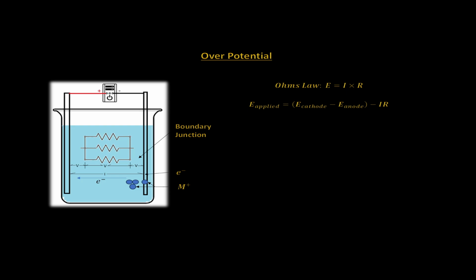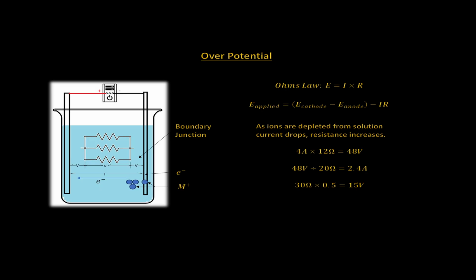The supply voltage will need to be adjusted. This is the required overpotential. In essence, adjusting the supply potential takes into account the needed overpotential.